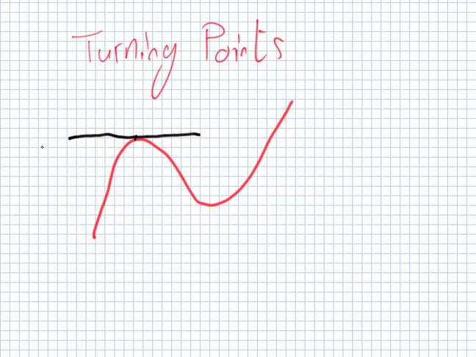Derivative, guys. And then what is the verb? Differentiation. Great. So anyways, the derivative here will be 0 because it's a horizontal line, and the derivative here will also be 0.